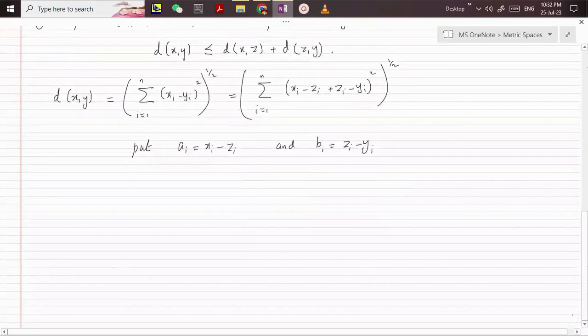Then d of x, y equals the summation i from 1 to n of (ai plus bi) whole square, whole power 1 by 2.